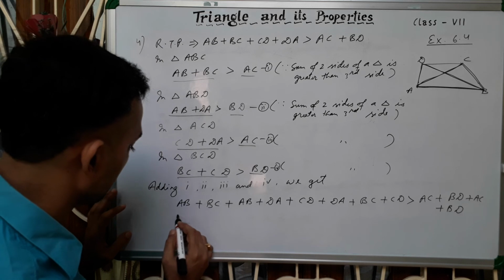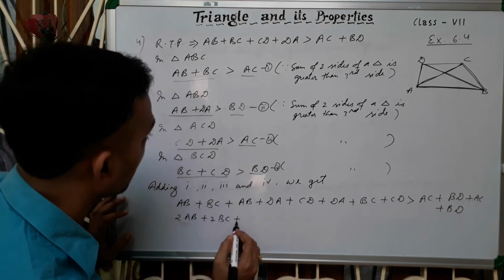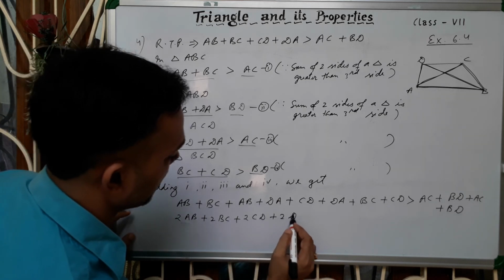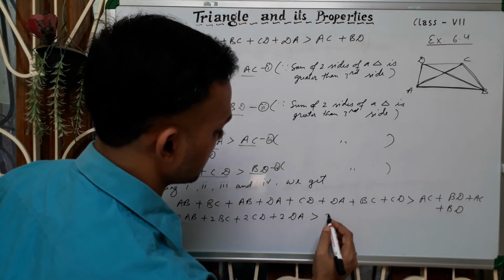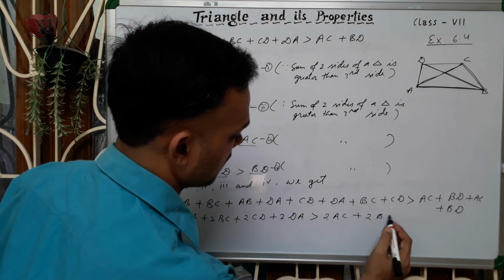So let us write, 2AB plus 2BC plus 2CD plus 2DA is greater than, over here also AC is 2 times and BD is 2 times.